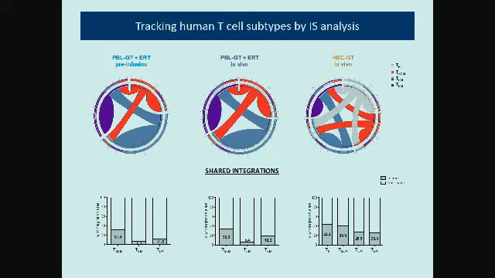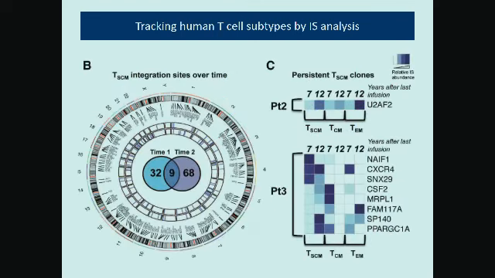And the second question was, can we track identical clones within the T memory stem cell subset over time? So are there clones that retain the T memory stem cell phenotype and can be tracked at two different time points? We were able to detect a few clones that were detected at both 7 and 12 years after the last infusion, that retain the T memory stem cell phenotype, which I show here in this heat map, but they could also differentiate into the other subsets.